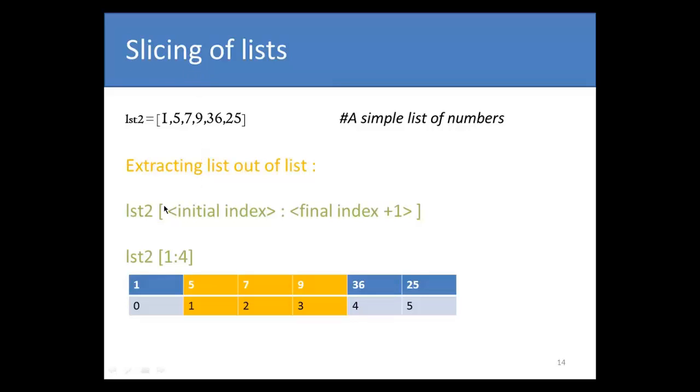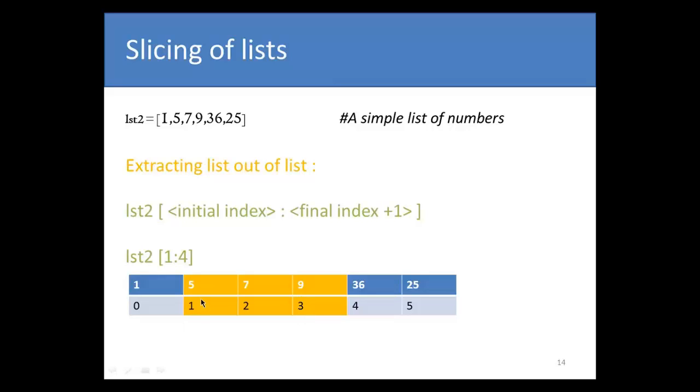In slicing, we give the list the initial index, then a colon, and then the final index, and the square brackets close. For example, if we take lst2[1:4], the slice will start from the element having index 1, that's the second element actually, and it will iterate over the list until it reaches the final index minus 1, that is 4 minus 1 equals 3.